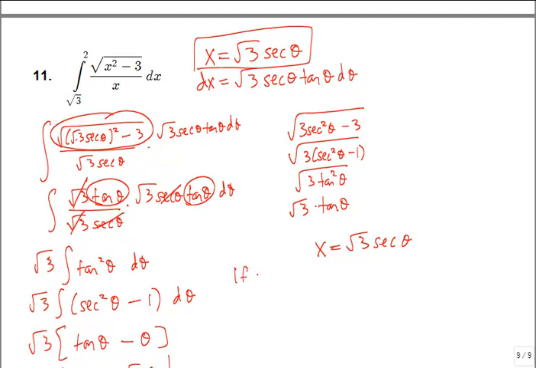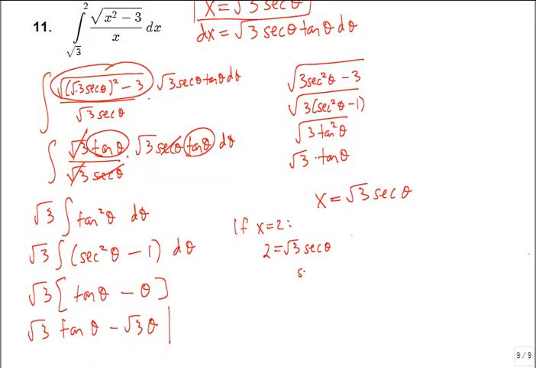So if x was 2, then what would this equation become? Well, the 2 would be on the left side. And if I solve this for secant theta, that becomes 2 over root 3. Now, I personally think of my angles and trig values better in terms of sines and cosines rather than secants.